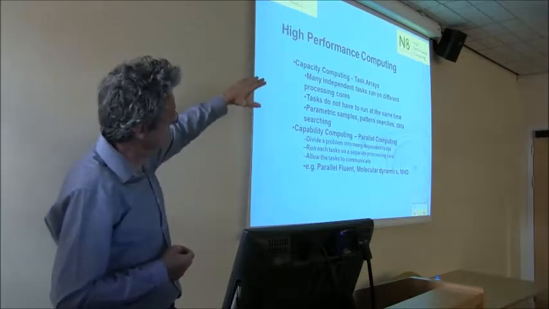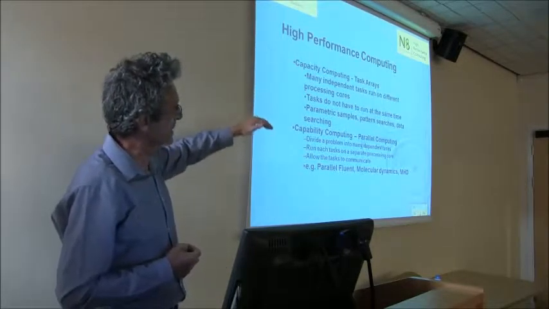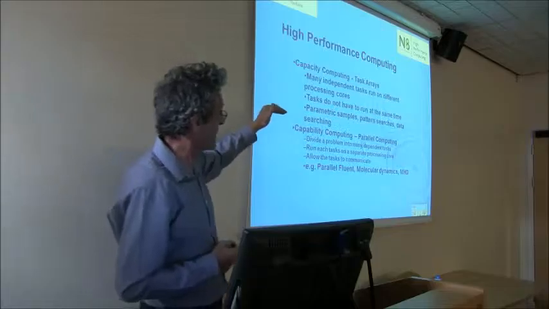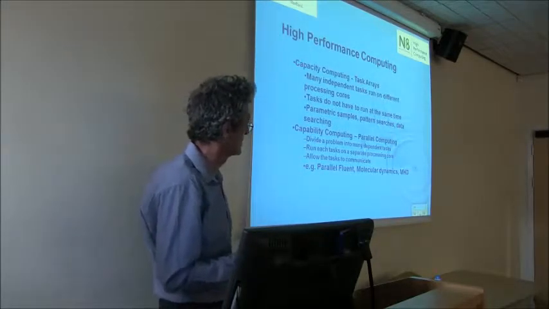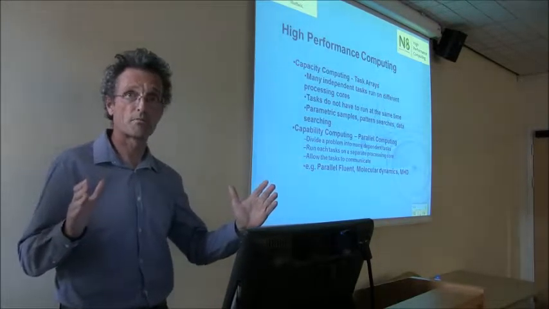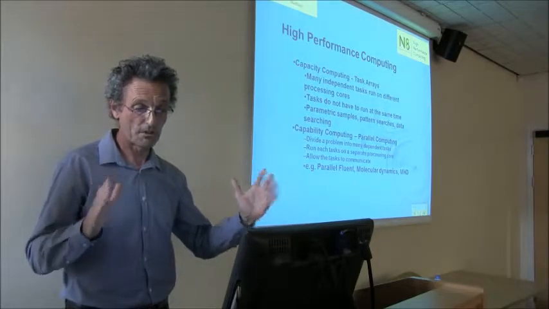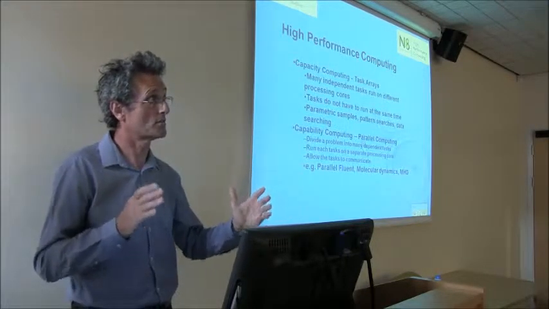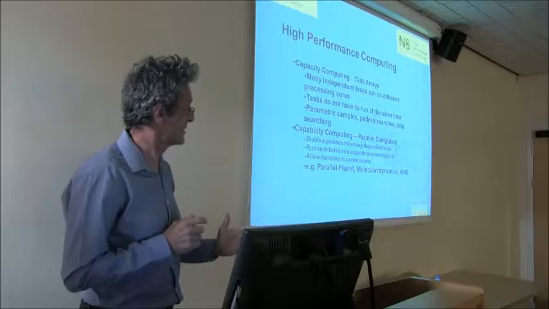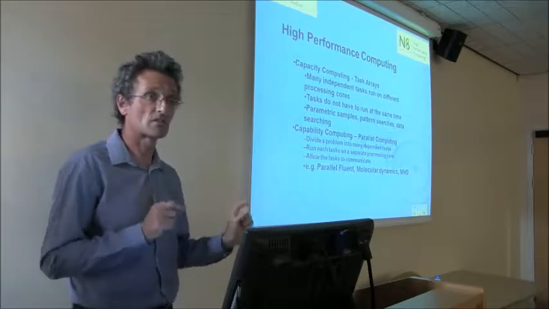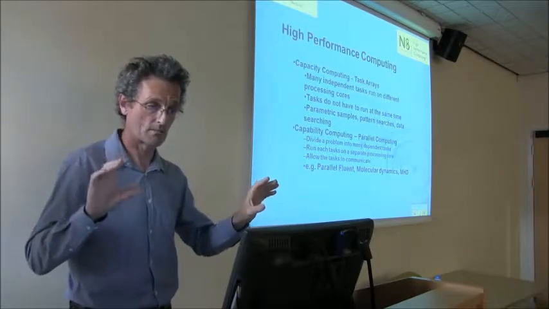The next kind of computing we call capability computing, or parallel computing. In this case, we still split the problem up. We distribute the problem across many processors, but this time these tasks are dependent on one another.